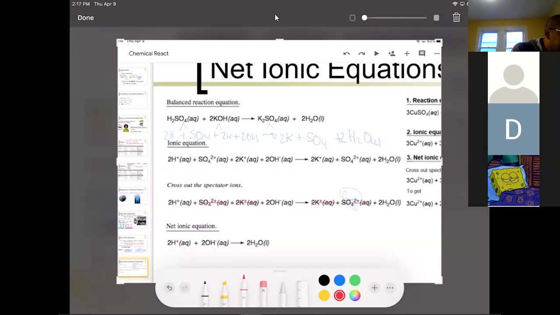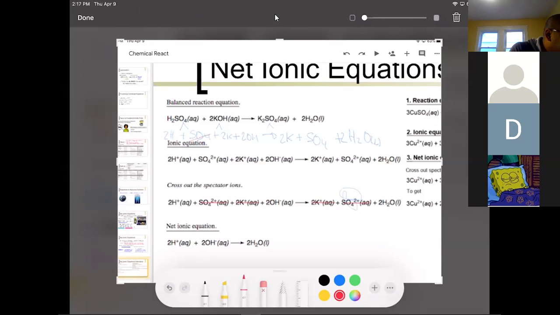I have the left-hand side, the 2H plus SO4 plus 2K plus 2OH, and on the right-hand side I have 2K SO4 plus 2H2O. I'm going to cross out all of the parts that appear on both sides. So the SO4 appears on both sides, so I'll cross out both of the SO4s.